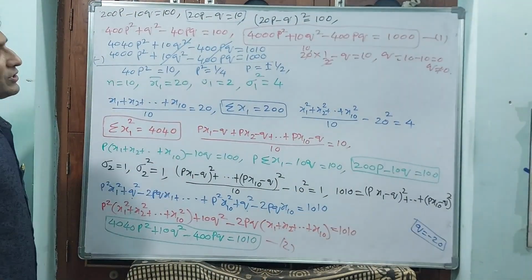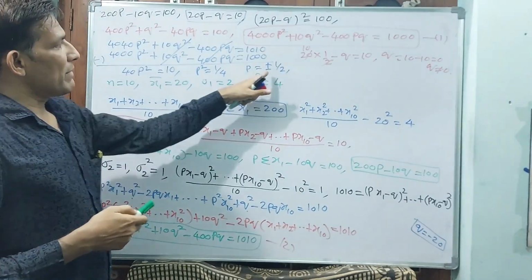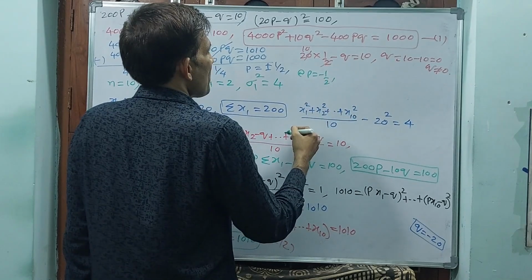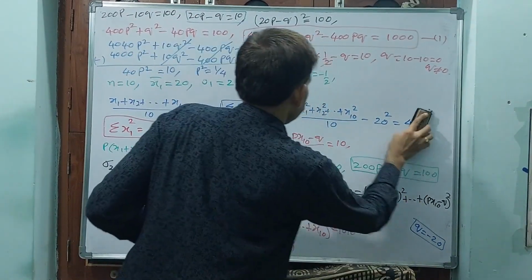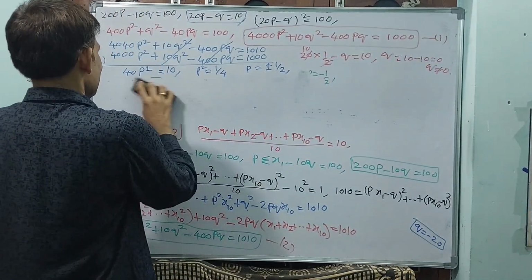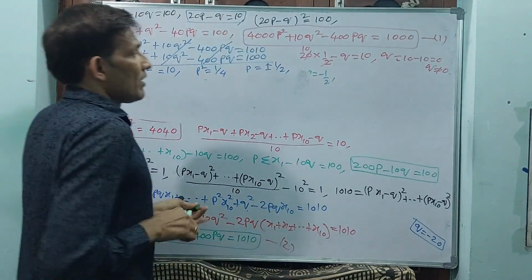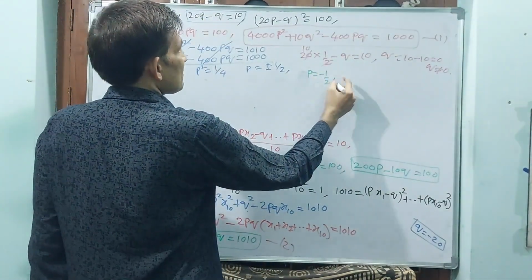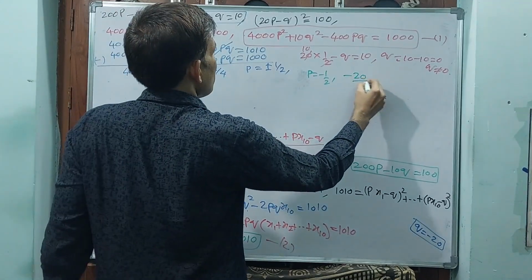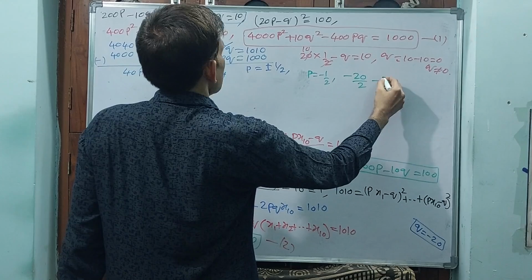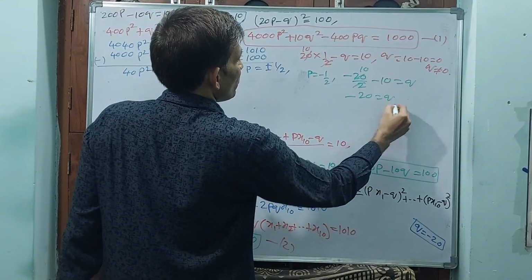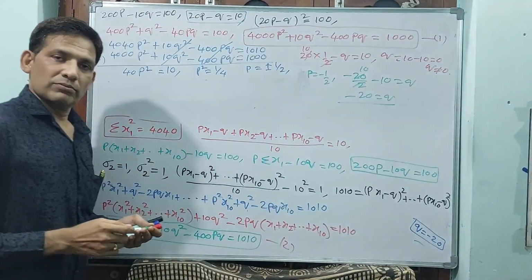Already given in the question. That is why don't take plus, you take minus 1 by 2. At p is equal to minus 1 by 2, substituted, see, minus 20 by 2 minus 10 is equal to q. Minus 20 is equal to q. Okay, minus 20 is equal to q. Let us go for the next one.